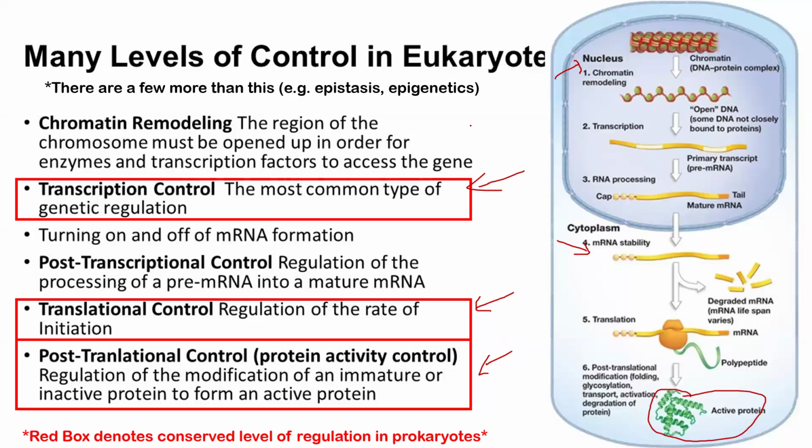These include chromatin remodeling, which is because, for eukaryotes, all of the DNA is bound by histones, and it's in these open or free DNA regions, not bound by histones, that transcription factors can cause the chromatin to shift.